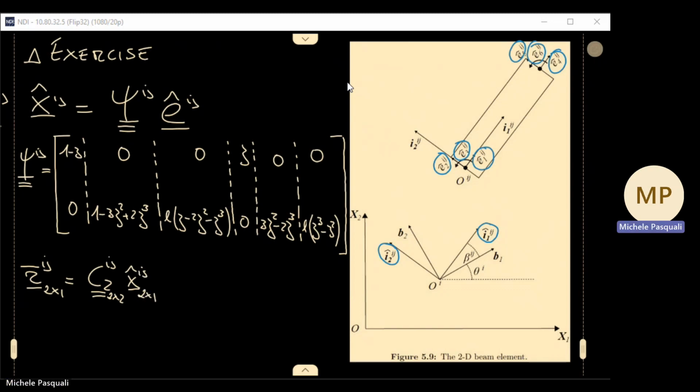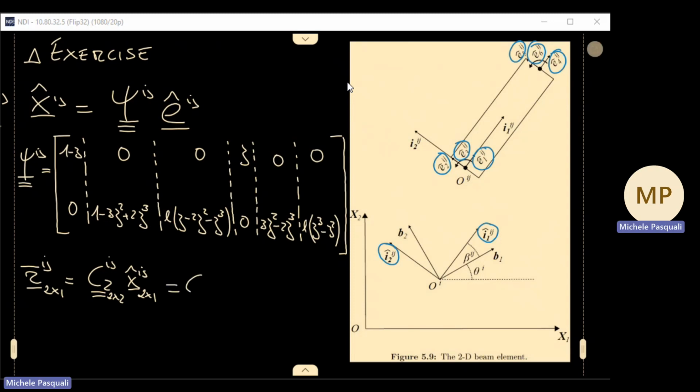So I'm just expressing the position of a point from the intermediate element frame to the body frame. So this matrix here will be a function of what? Beta. Okay?